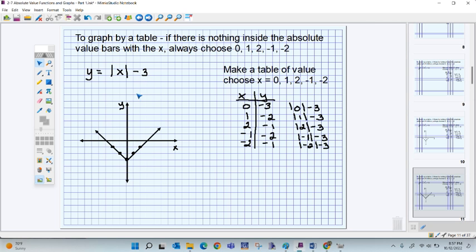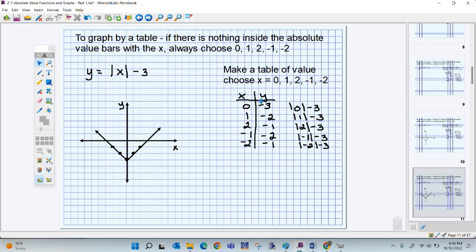You see that same V shape, but it's moved down 1, 2, 3 units from where it was. So with our transformations, we're using this absolute value function to show that the transformations we talked about before actually work, and also kind of get the idea that we're going to be doing this all year long with different functions and then moving them around by transforming them.